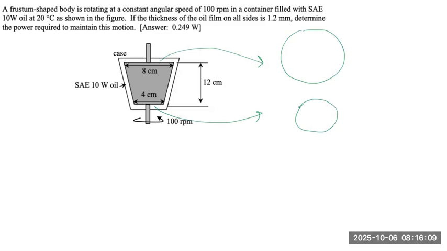And all of this has an associated torque. And the sides also have an associated torque with them. So the sides we can draw as such. This is the lateral view, and it also has a torque associated with it.